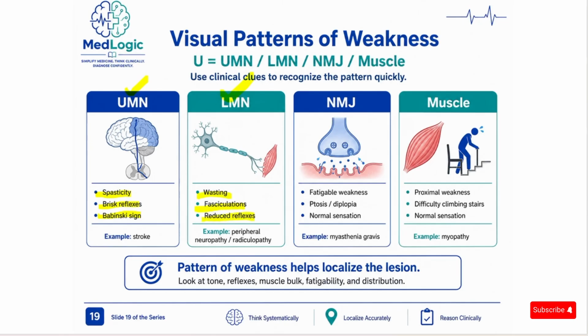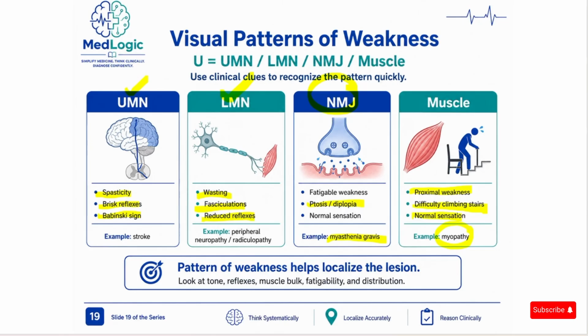If weakness worsens with repeated use, especially with ptosis and diplopia, think of neuromuscular junction, like myasthenia gravis. If there is proximal weakness, like difficulty climbing stairs or getting up from a chair, with normal sensation, think of muscle disease.